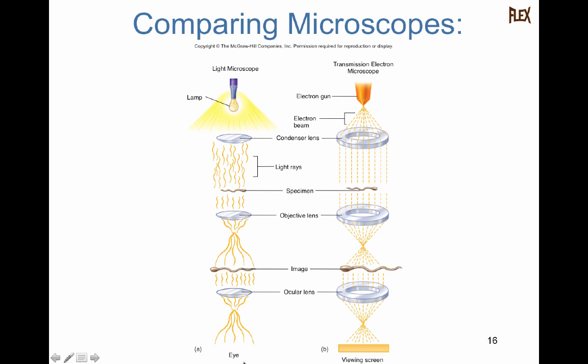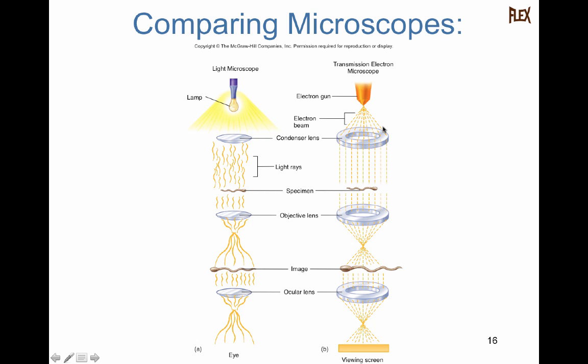Now, as far as the mechanics of this, we said that for the compound light microscope, you have the light source, and then it's traveling through a series of lenses, right? So it passes through the condenser, the objective, and then through the ocular to your eye.